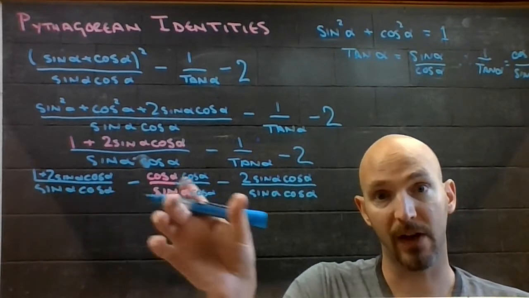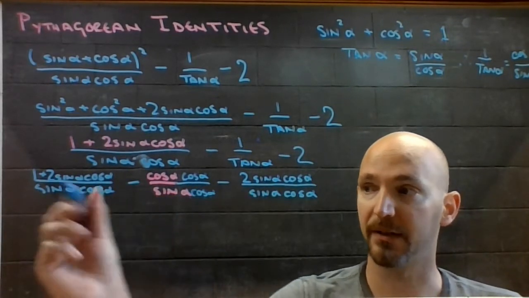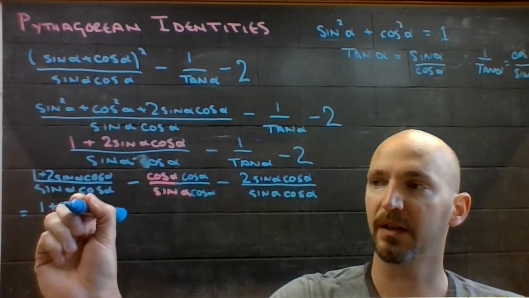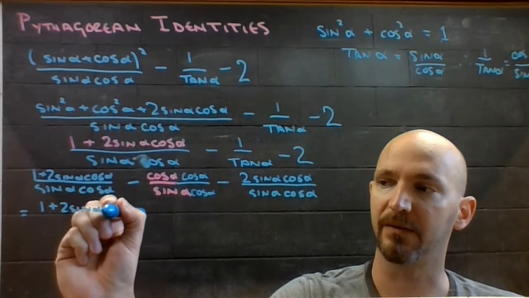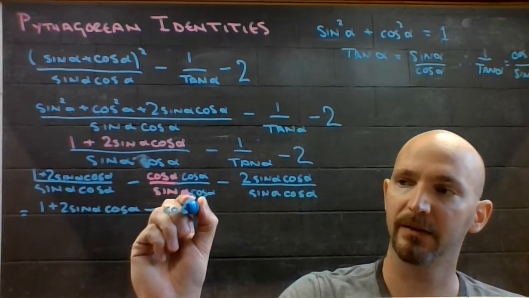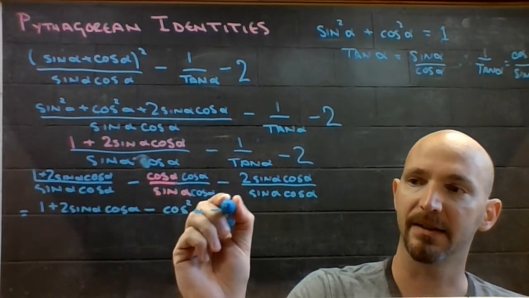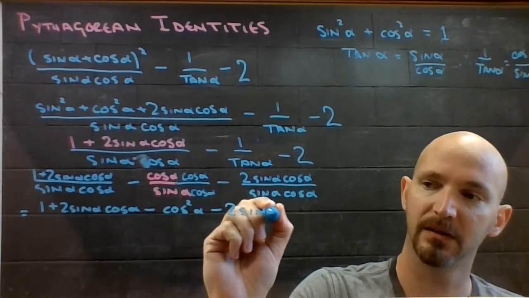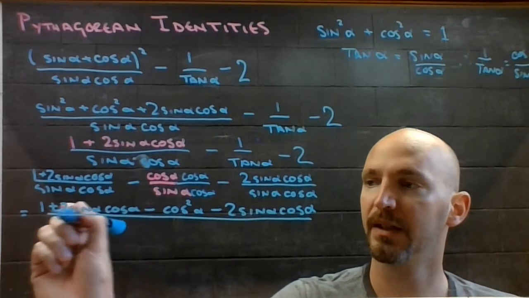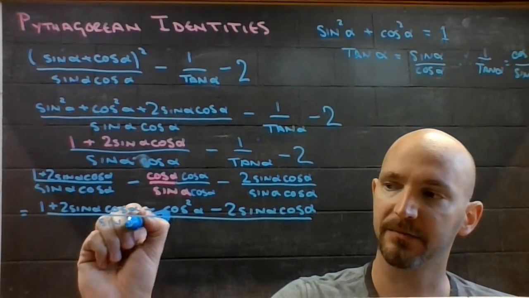So I have 3 fractions, each with the same denominator. So I can combine that into a single fraction. It'd be 1 plus 2 sine alpha cos alpha minus cos squared alpha minus 2 sine alpha cos alpha, all over top of this common denominator.